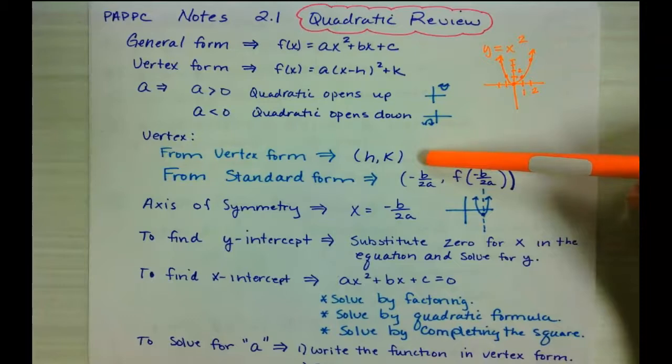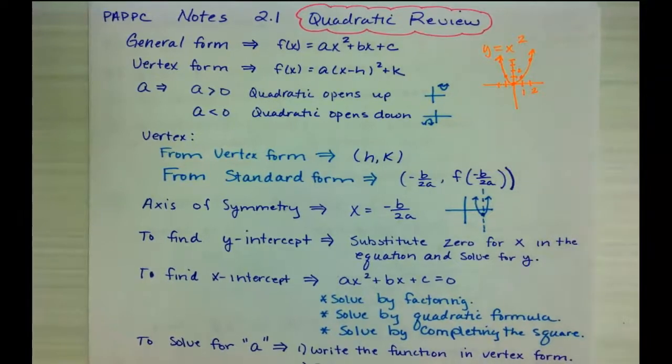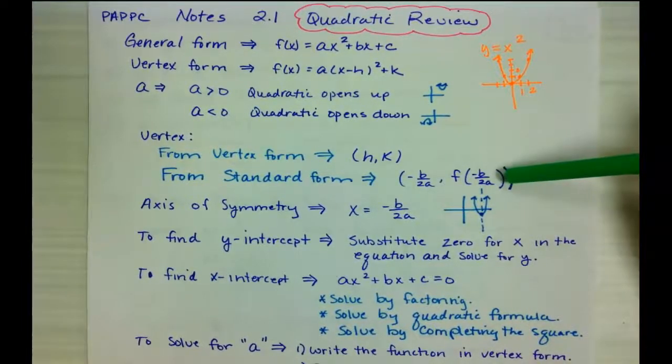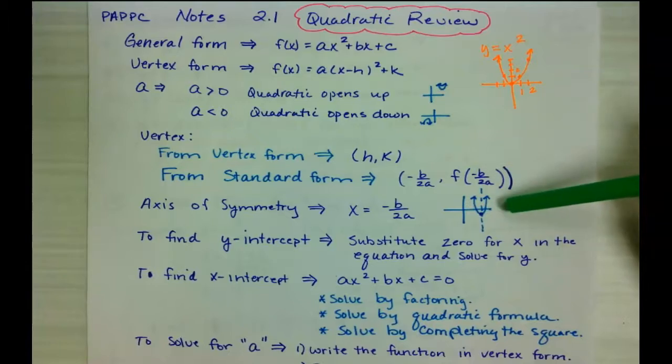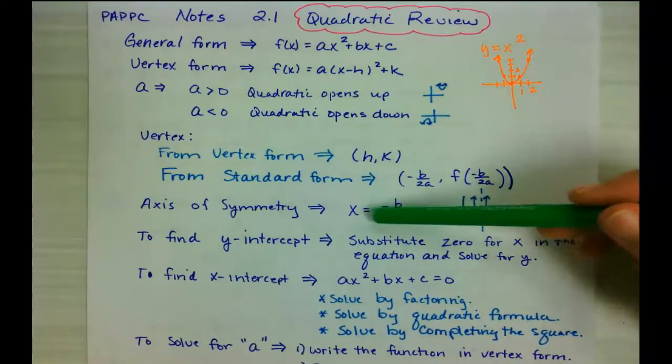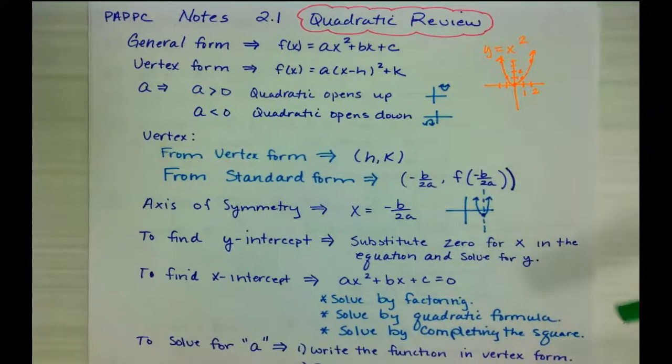The vertex form is (h, k), and if we need the vertex when we're in standard form, we can use the negative b over 2a that we learned about last year, then plug it back into the function, and that will give you your y value. We also know that the axis of symmetry is the vertical line that splits the parabola in half, and it goes through the x coordinate of the vertex. It has to be written as an equation because it is a line.